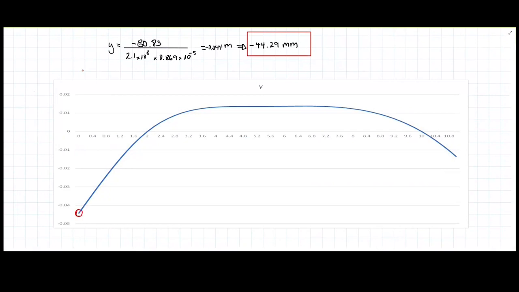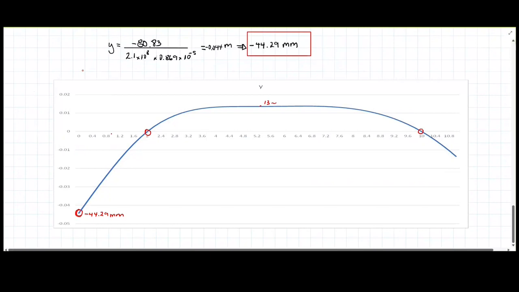It was found at the beginning of the part. You notice here that the boundary condition is being met, and definitely this largest one is going to be something like 13 millimeters or so. But the maximum deformation is going to be here, which is going to hit the 44.29 or 0.3 millimeters.